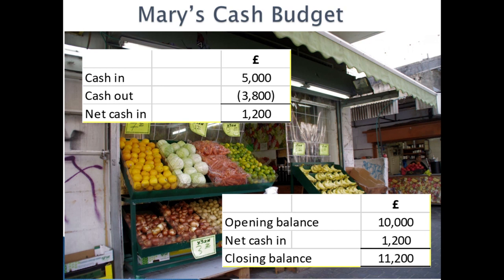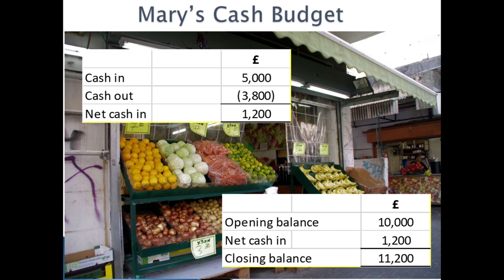Now, is this a good plan? Well, how good it is depends on what she wants or what she needs. This is an increase of £1,200. Maybe she wants £1,500.